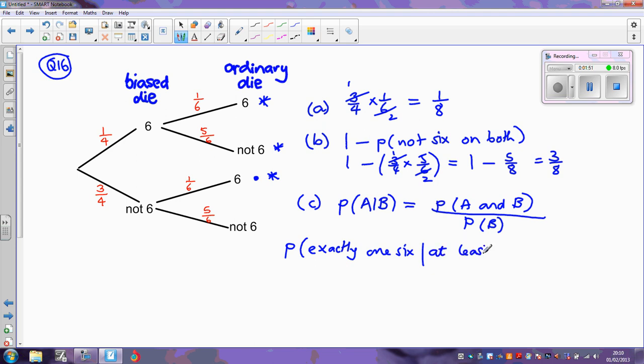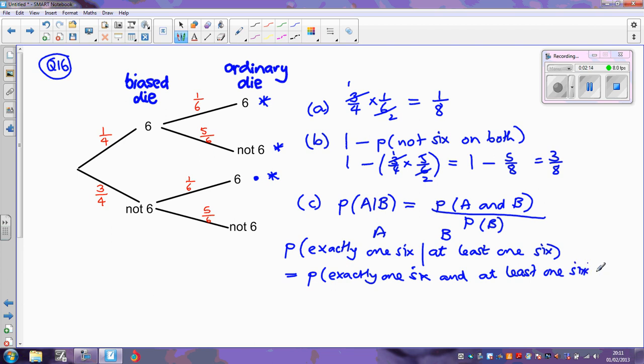In other words, given that there is at least one 6. So if I continue writing that in words, this is effectively my A, this is my B. So I want then the probability of getting exactly one 6 and at least one 6, and I'll explain how to get that in a minute, divided by the probability of the second one there, which is the probability of getting at least one 6.